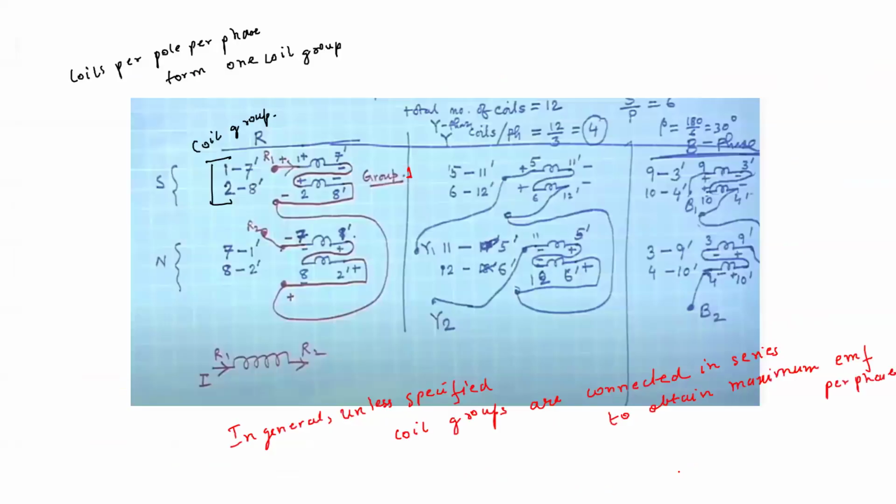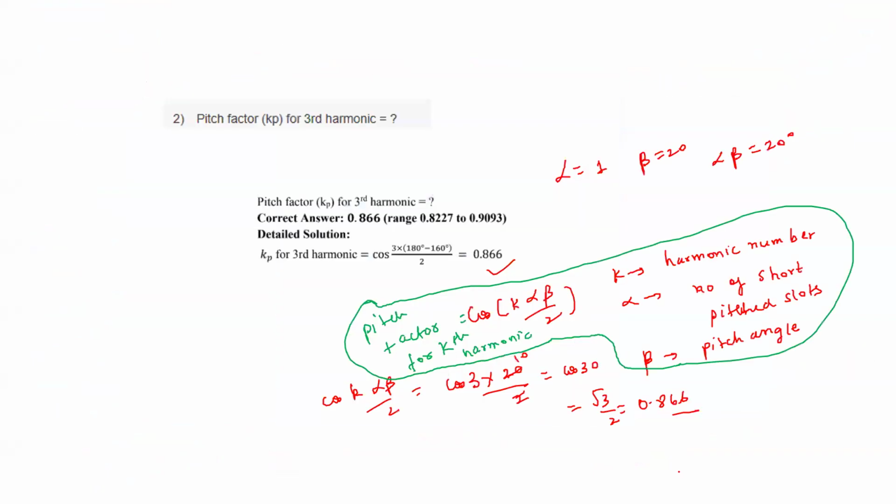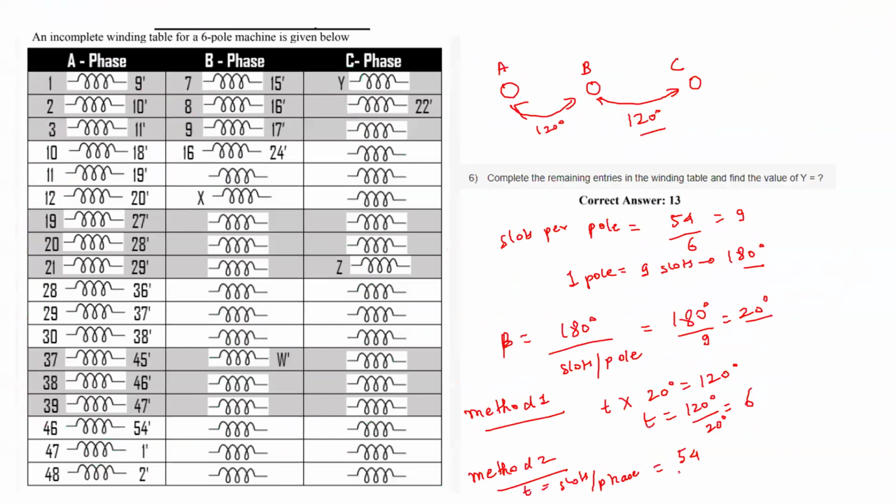Slots per phase will not give me this. I think that is valid for some other case, so let us not go by this.